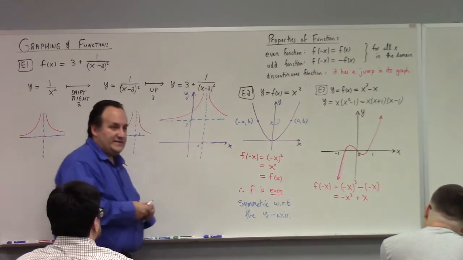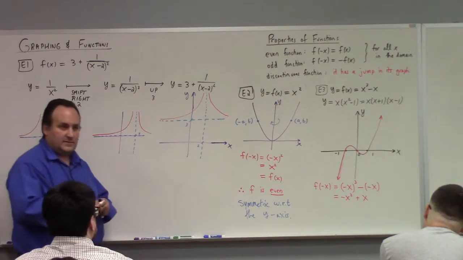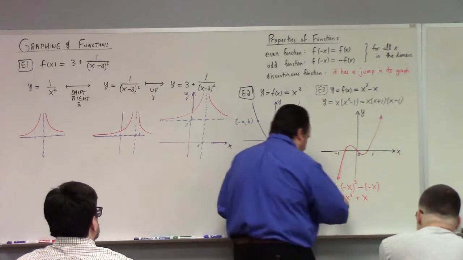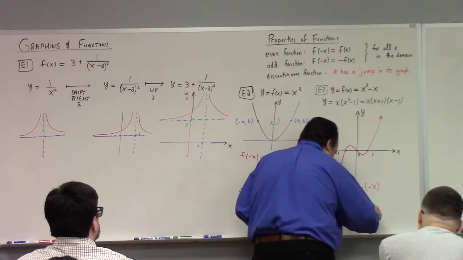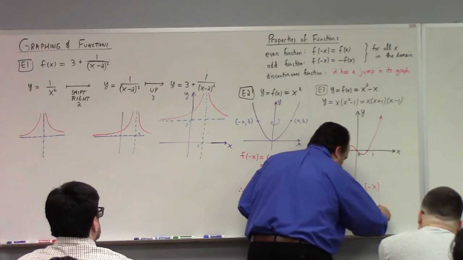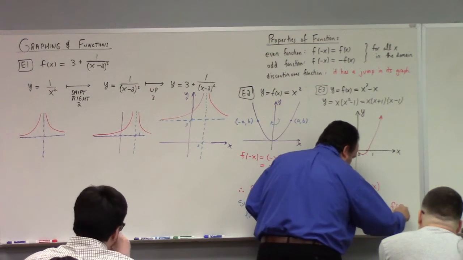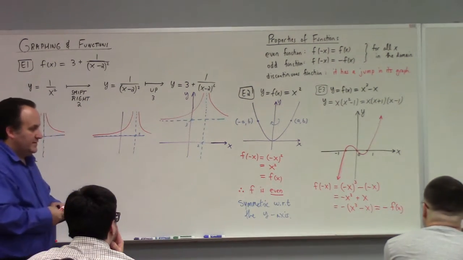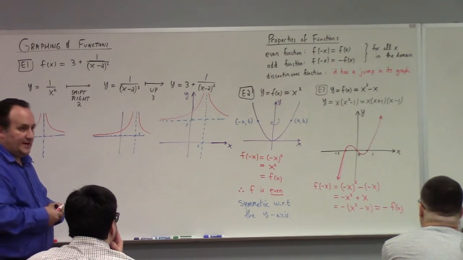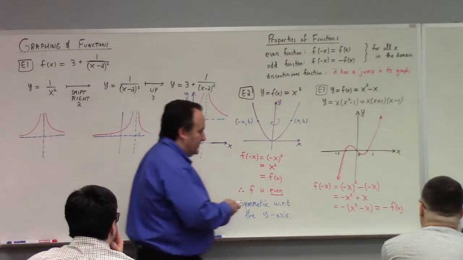Now, can we factor a minus out of that? We can. And what happens when we do that? We get minus, parentheses, x cubed minus x, yeah? Which is minus f of x. In other words, this function is odd.